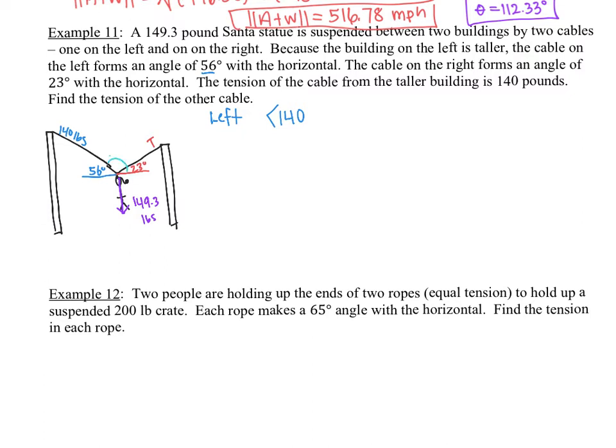So if I go from here all the way to here, that's 180 minus 56, so 124 degrees for the direction angle. And then the y component will be 140 sine 124 degrees. Now let me consider the tension in the right side. I don't actually know the magnitude of the cable's tension, so I'm going to use T. The 23 degrees is already with the positive x-axis, so at least I know the angle.